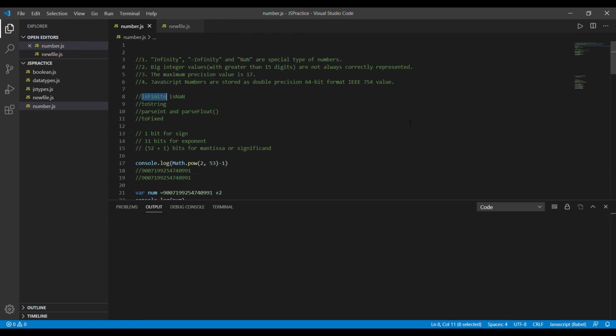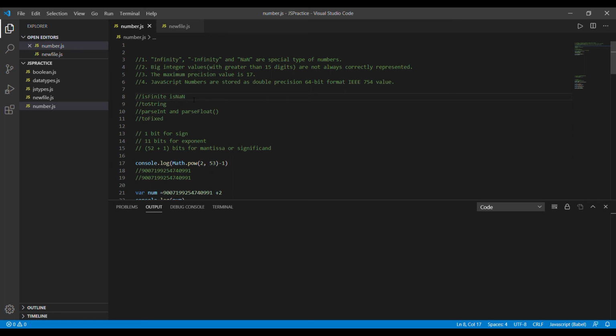Okay, so now let's talk about functions. We discussed isFinite and isNaN. These functions are pretty straightforward. They can be used to check the validity of a number. If you use the isFinite function and pass any finite value, then it will return true. If you pass any other value, like a string value or infinity or minus infinity, then it will return false.